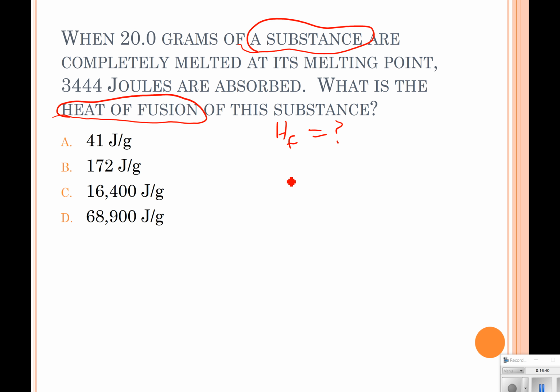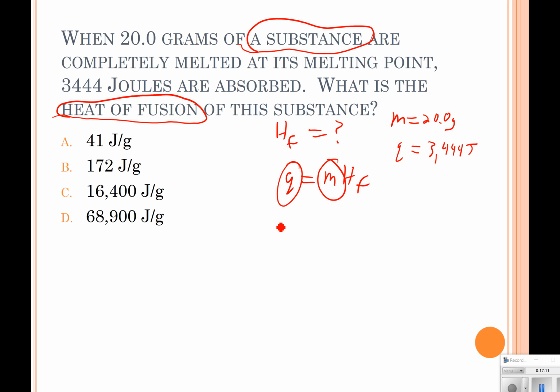And the heat equation that we have with heat of fusion is Q equals mHf. Which means we should have a Q value and a mass of our substance value. We know that we have 20.0 grams of that substance, and we know that 3,444 joules have to be absorbed.